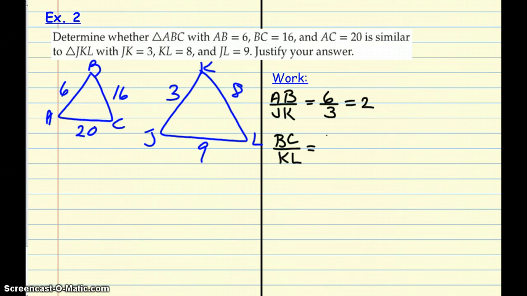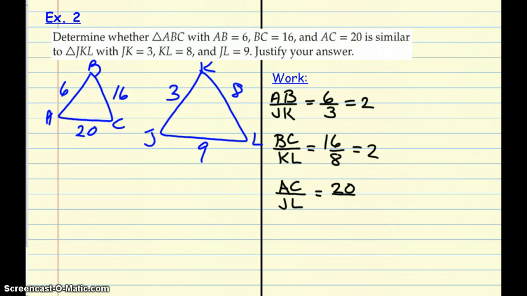BC's length is 16, KL's length is 8, and 16 divided by 8 is 2. So we're good so far. We've figured out the first two pairs of sides come up to the same ratio. And then the last one, we're going to check to see what the ratio of side length AC over JL becomes.